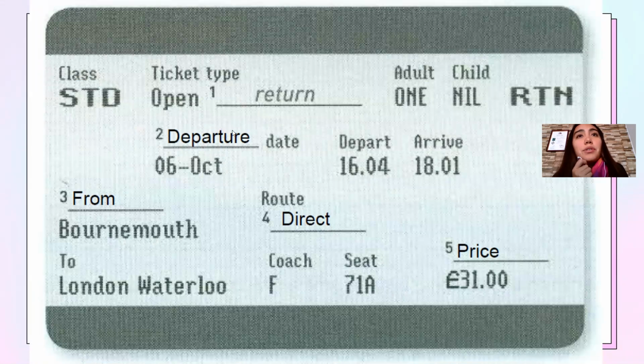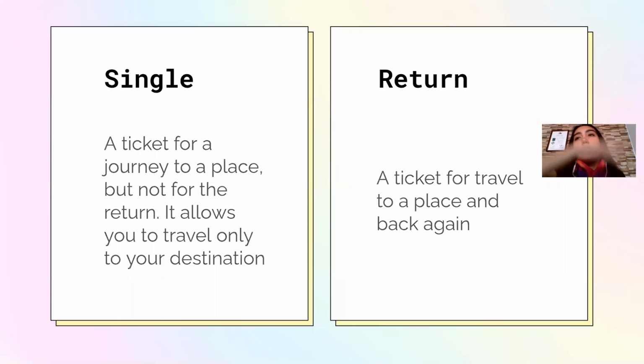Also, we have the departure time, date, sorry, the route, direct in this case, the price, from one place to another, okay, from Arica to Santiago, okay. And here we have the difference between a single ticket and a return ticket.